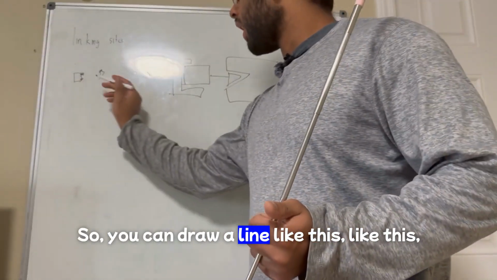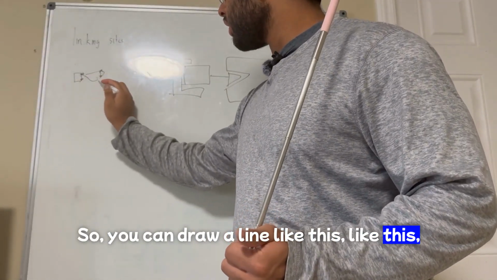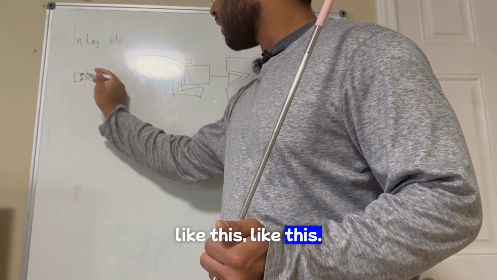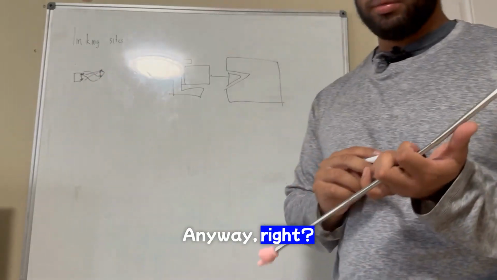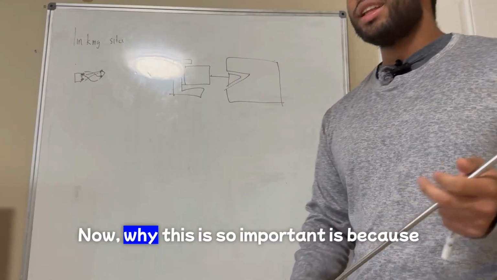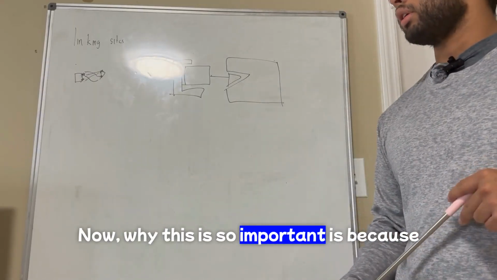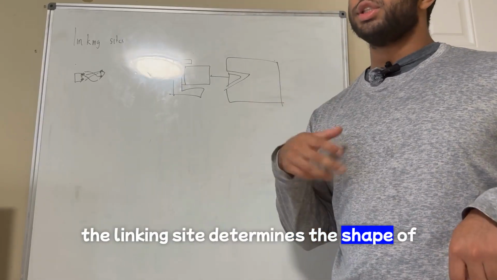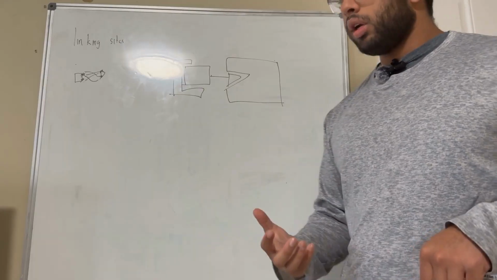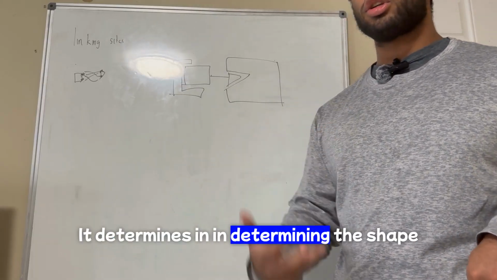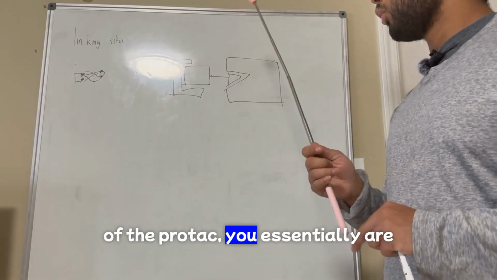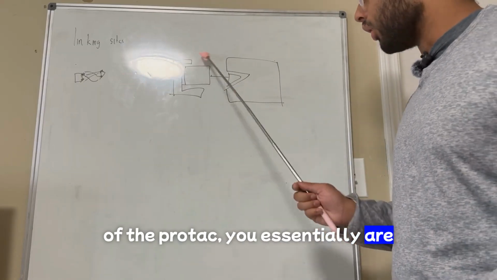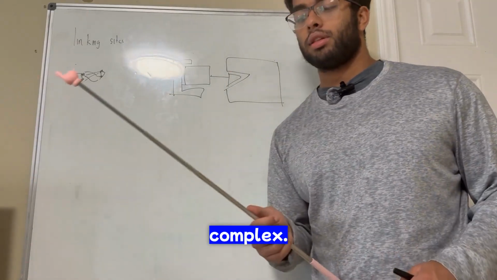So you can draw a line like this, like this, anywhere. Why this is so important is because the linking site determines the shape of the PROTAC. In determining the shape of the PROTAC, you are directly impacting the shape of the ternary complex.